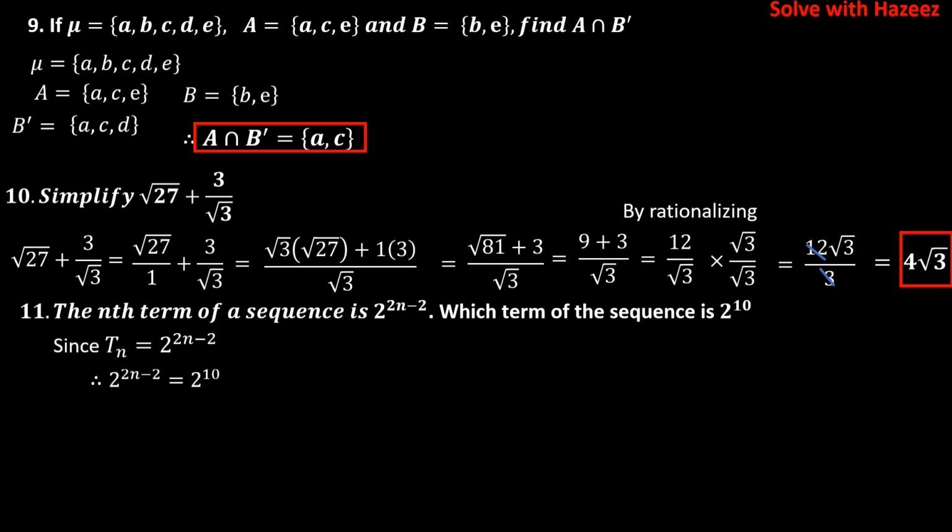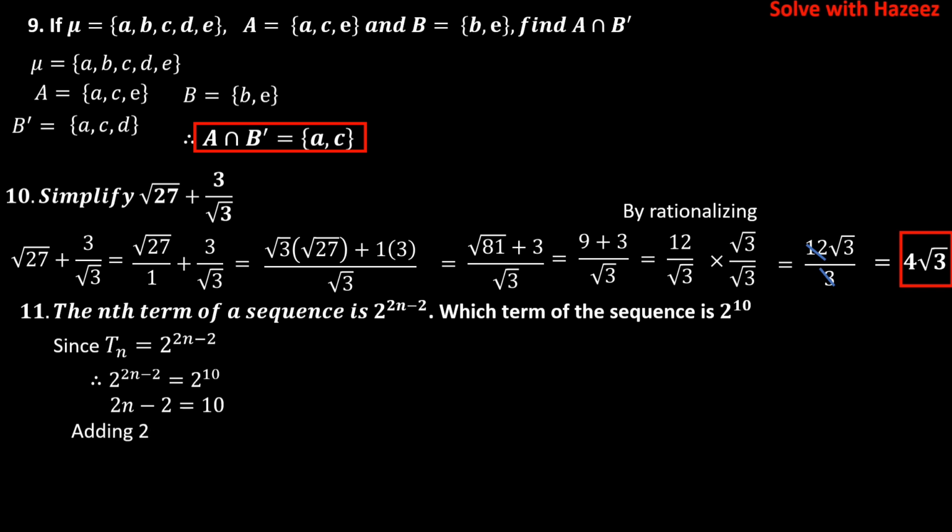Under the laws of indices, with the equality sign, it means the left hand side is equal to the right hand side. And at the base, from the left and the right, we have 2. So we can easily equate the powers. Equating the powers, we'll have 2n minus 2 is equal to 10. And this has turned to a simple equation.